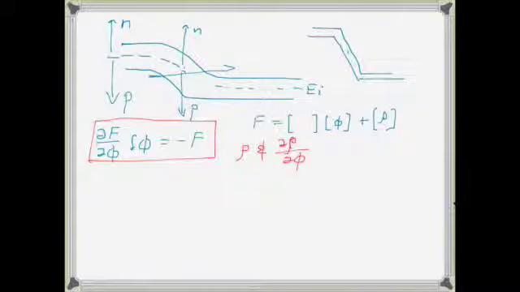And furthermore, if you make use of a very nice relationship that you should all remember: negative df de, which is what you need when you're calculating dn d phi or dp d phi, is just equal to 1 over kT times f times 1 minus f.